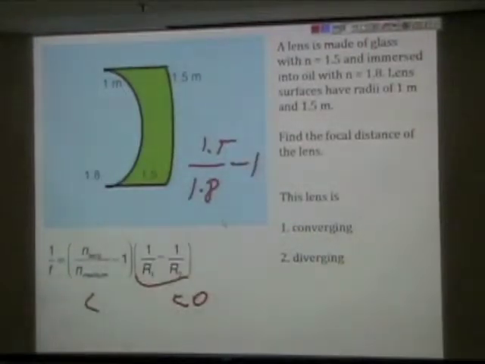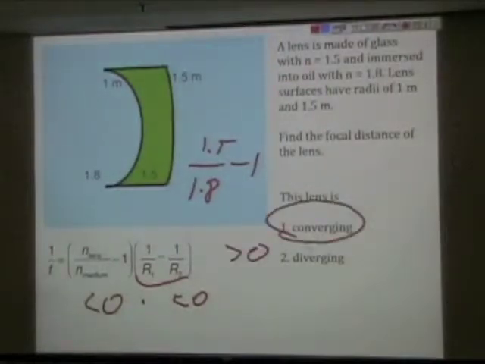It is a negative number again. So we have to multiply two negatives. The result is what? Positive. When the result is positive, that's supposed to be a convergent lens. That's how we think it through.